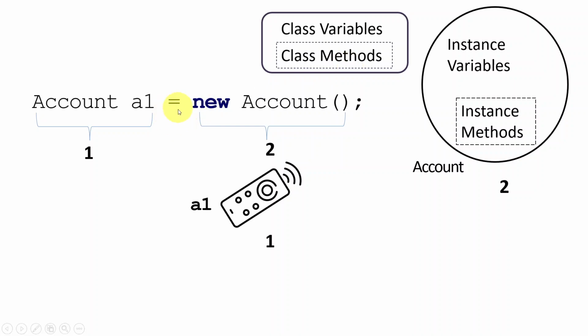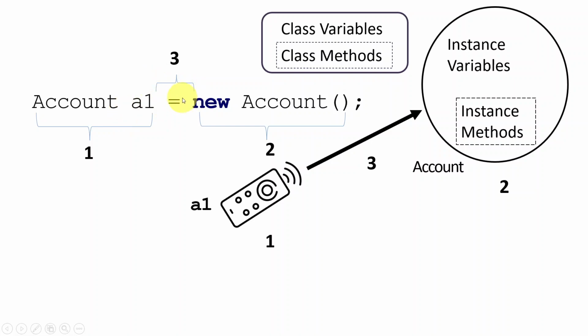So the third part of this statement is assigning the reference variable to the object. Now these reference variables and objects are independent. You can consider this reference variable something like a remote control. Your remote control can control or access a particular object.